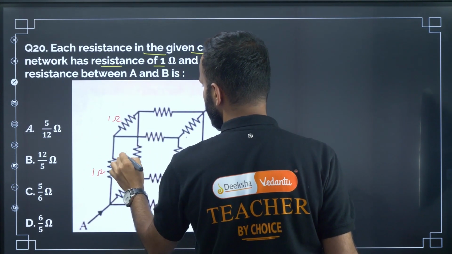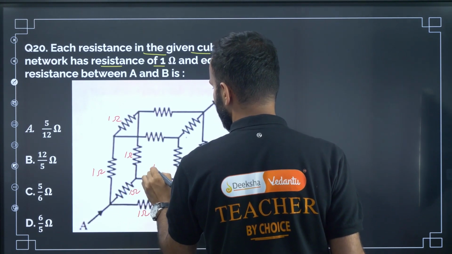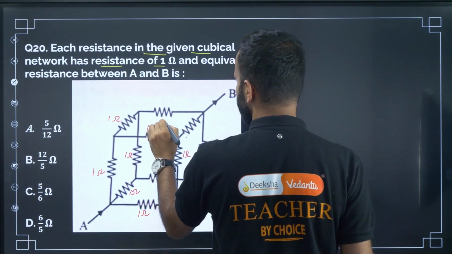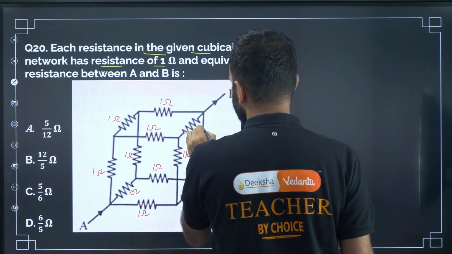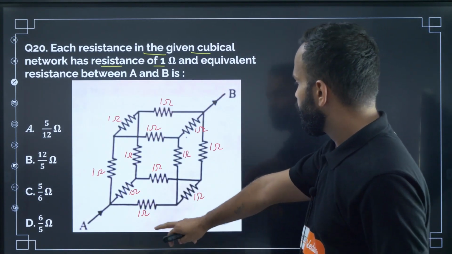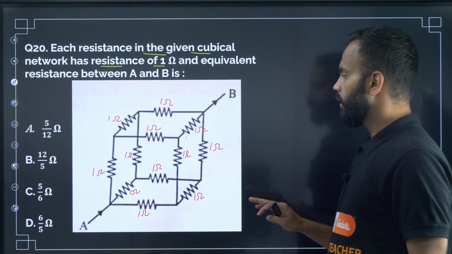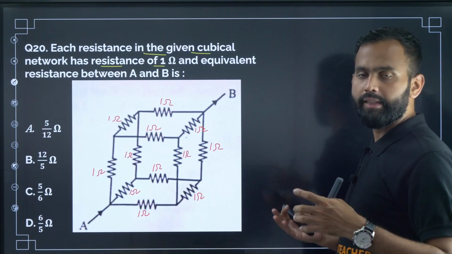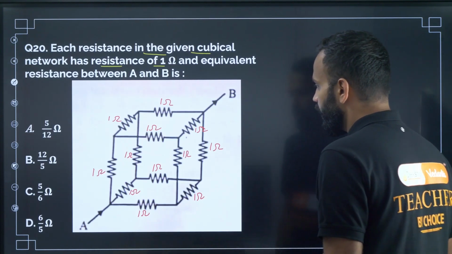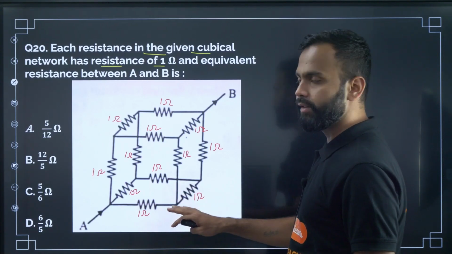And we need to find the equivalent resistance between A and B. See, these kind of questions are asked in every exam: CET, JEE Main, VIT, BITS, every exam. So listen carefully, they may ask this kind of question.